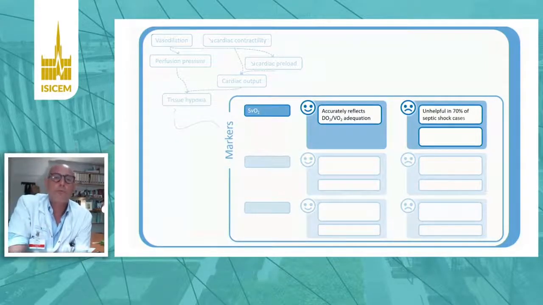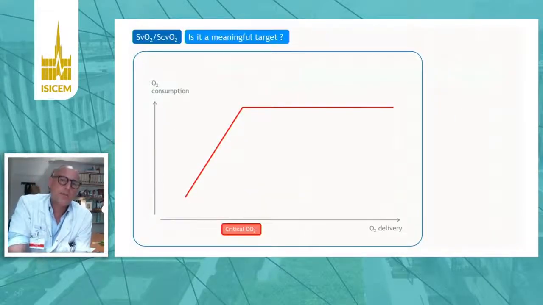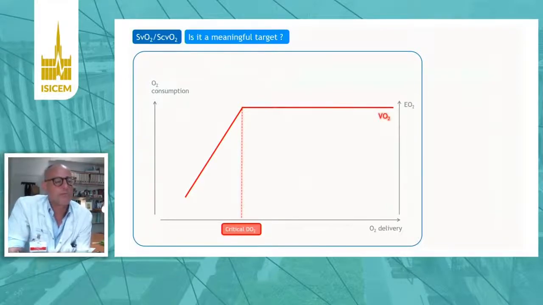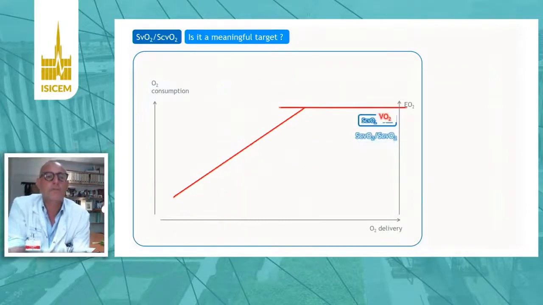Nevertheless, there are two drawbacks to SVO2, and the first is that it's unhelpful in a large majority of septic shock cases. Because in case of septic shock, this relationship between oxygen consumption and delivery becomes this one.